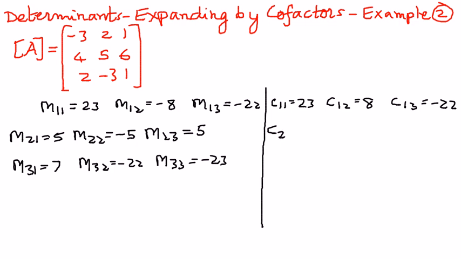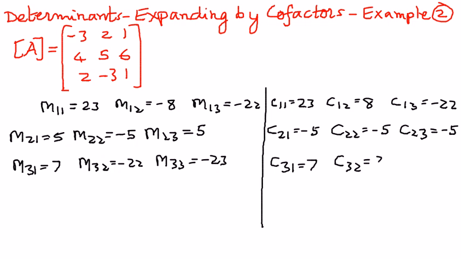Then C21 was equal to -5, C22 was equal to -5, and then C23 was equal to -5, and then C31 was equal to 7, and then C32 was equal to 22, and then C33 was equal to -23.